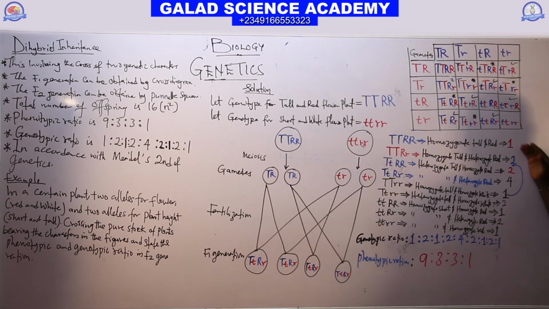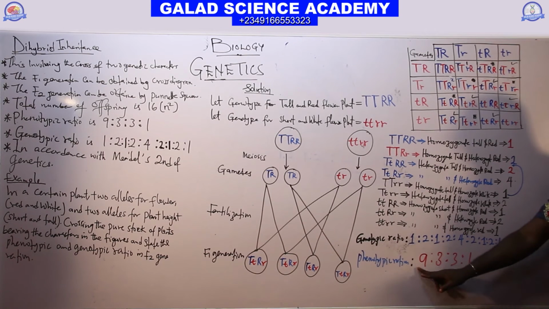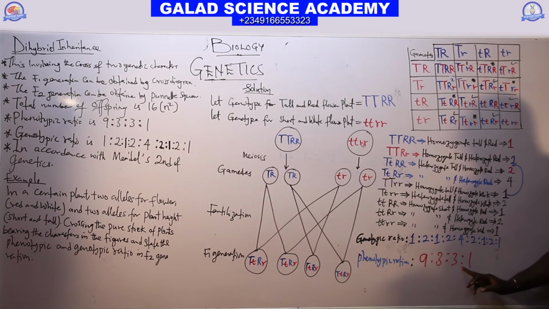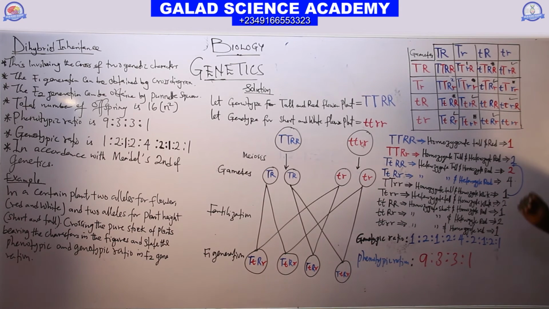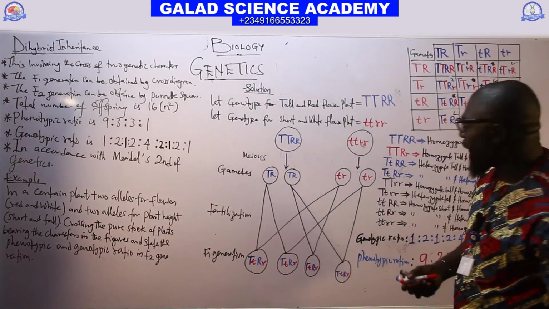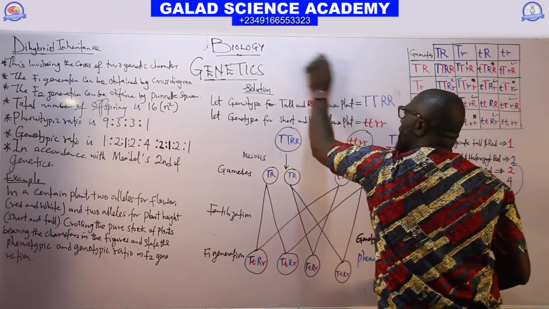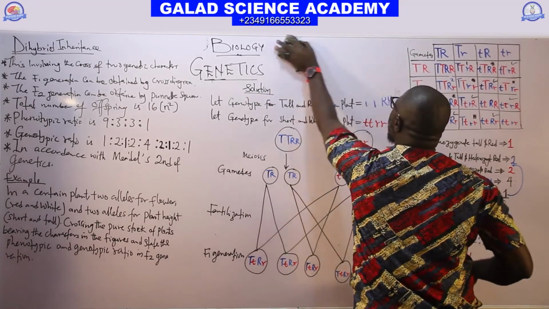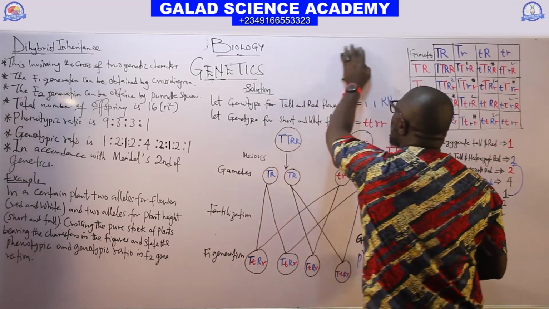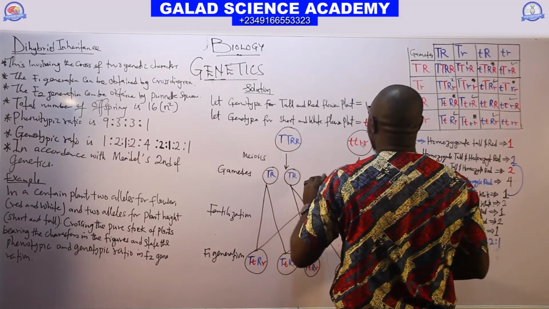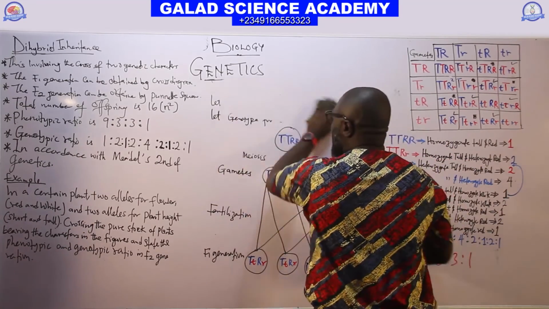So from this sketch, we have 9 ratio 3, 3, 1 as our phenotype. So that is all about dihybrid cross. But there is a particular shortcut that I would like to insert. If your exam is multiple choice, let me insert the shortcut here.